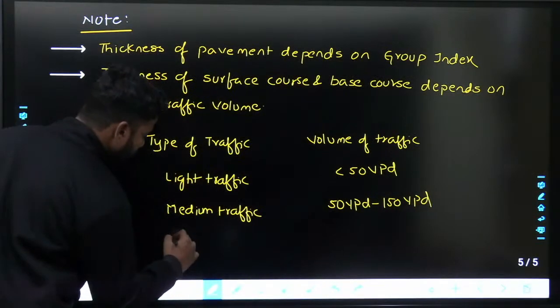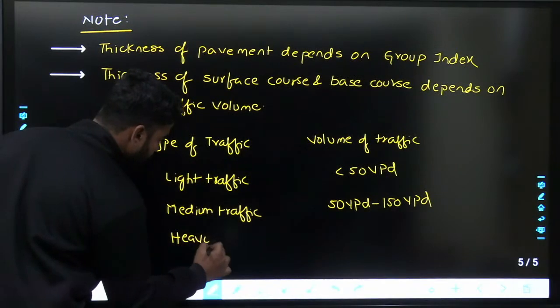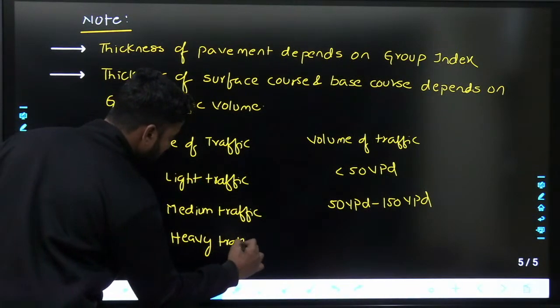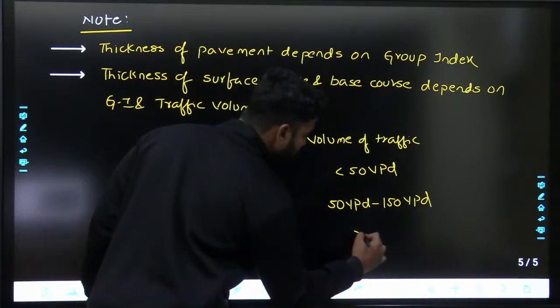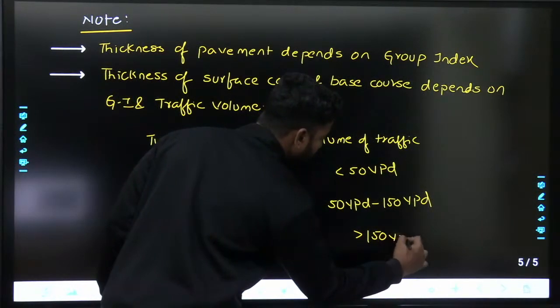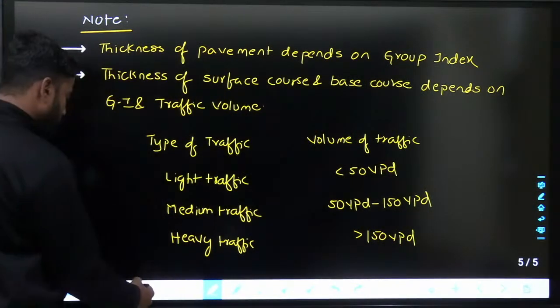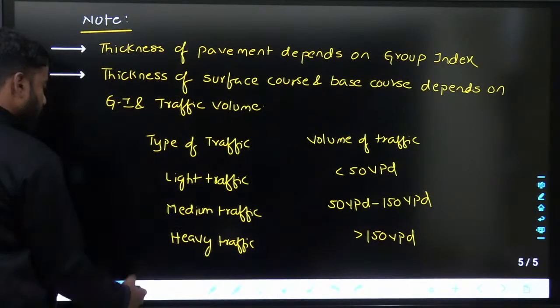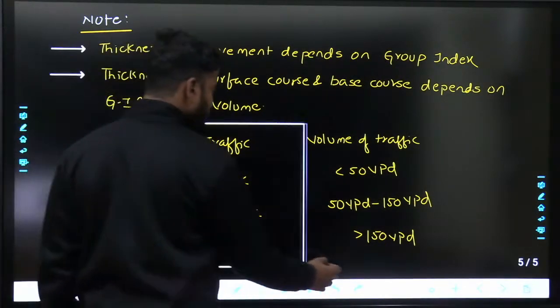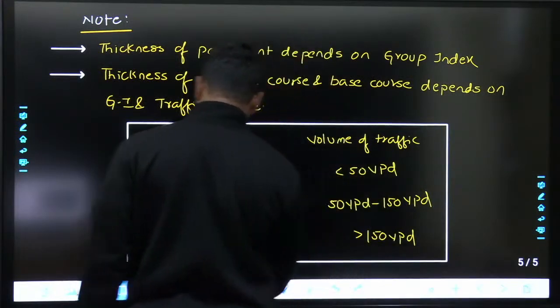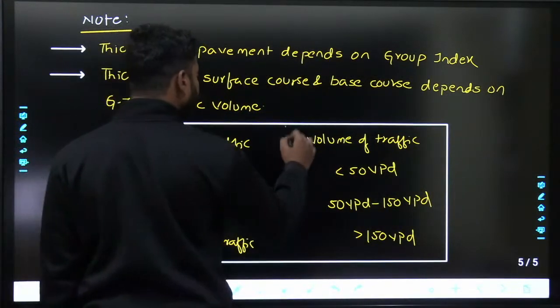And heavy traffic, if traffic volume is more than 150 vehicles per day, then it is considered as heavy traffic.